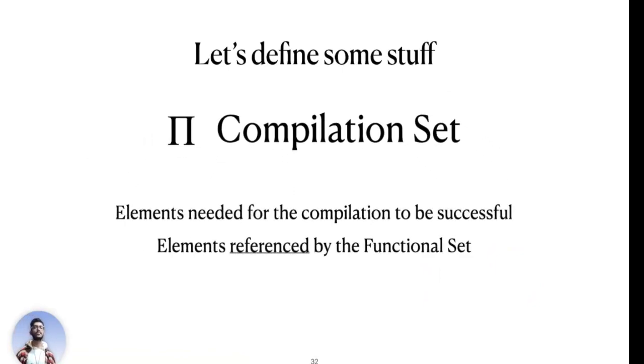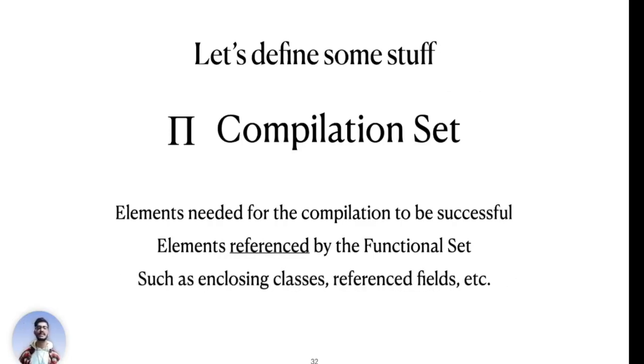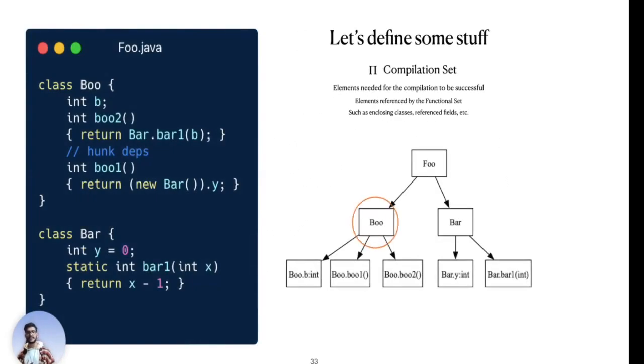These elements are important for a compilation to be successful. They can include enclosing classes or referenced fields. In our example, we have classes boo and bar and the field boo.b. Their implementation doesn't really change the way our tests work. But they must be present while we're compiling our program and we're running our tests.